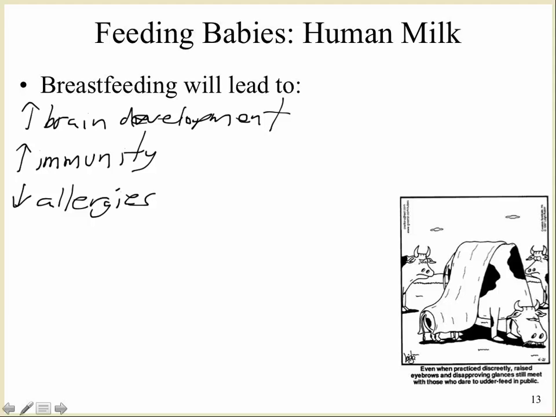If the mother is eating things like, say, peanuts, and she's breastfeeding, does that factor in? It can. There's a lot of things that factor into this, but they generally recommend trying to avoid some of these really allergic things like peanuts, for example, or nuts. Some of the other things, like soy, aren't quite as bad.